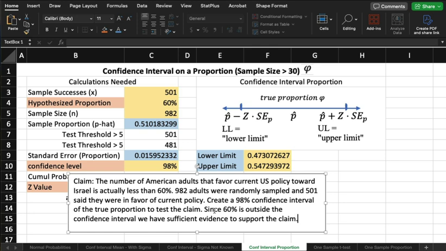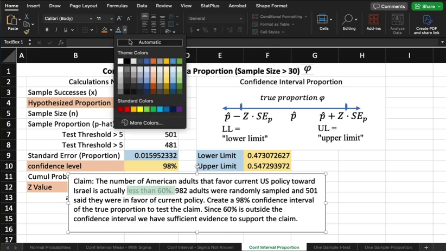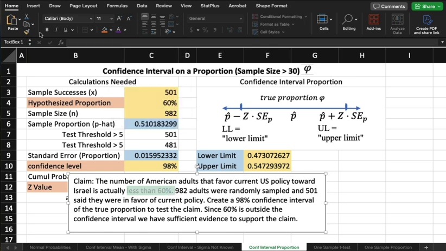Because look what the claim is. The claim is that the true percentage is less than 60%. So I'm going to color that in a different color. Less than 60%. And our sample gives us a confidence interval that ranges from 47.3% to 54.8%.